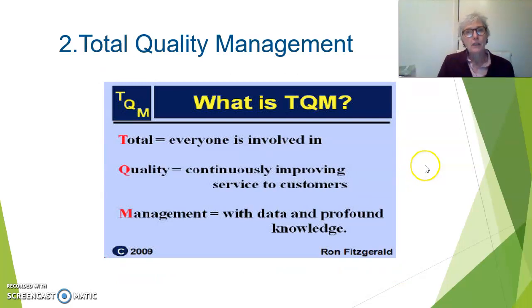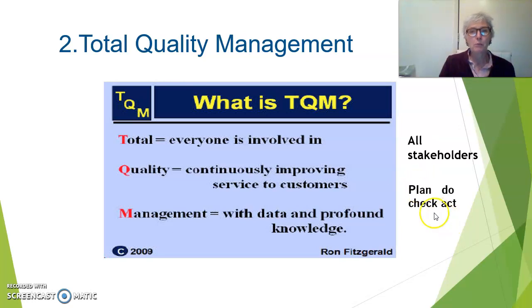Next to analyzing the value chain and the supply chain, we can have a look at quality management. Total quality management means everyone's in, so all stakeholders.